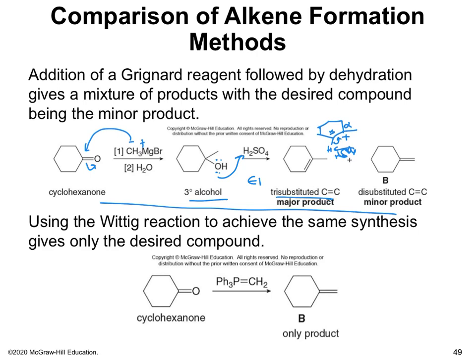But you're also going to get the trisubstituted, which is going to be the Zaitsev major product. That's going to be your minor product, so that's not great. But look at this, you can just add the Wittig reagent and this is your only product. I used to do this reaction quite frequently at Eli Lilly and it works well and I liked it.